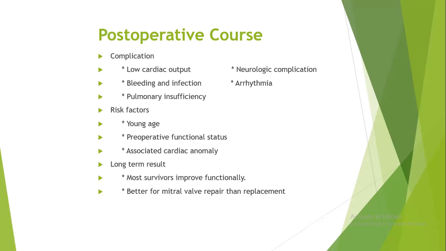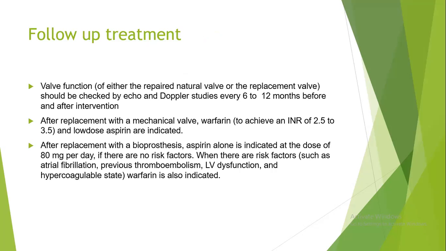Risk factors include young age, preoperative functional status, and associated cardiac anomaly. With the long-term results, most survivors improve functionally, and they do better with mitral valve repair than with mitral valve replacement.